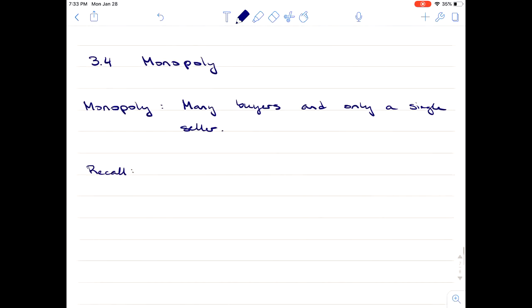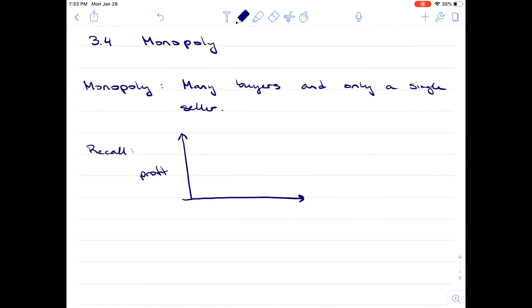Just so we have it, so we can look at it. Recall that we said, okay, if we have something like this, where we have the profit on the y-axis and just x on the x-axis, monopolist profit function, profit of x, might look like this.